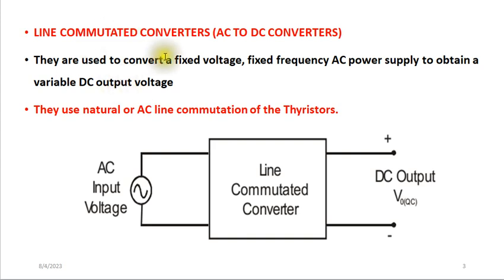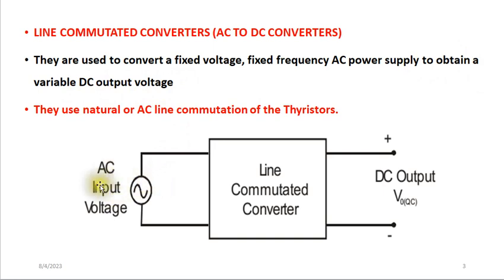These are used for converting the fixed voltage, that is the input voltage which has a fixed value and has fixed frequency, which is AC in nature, that's our supply. We convert it in order to obtain a variable DC output voltage.